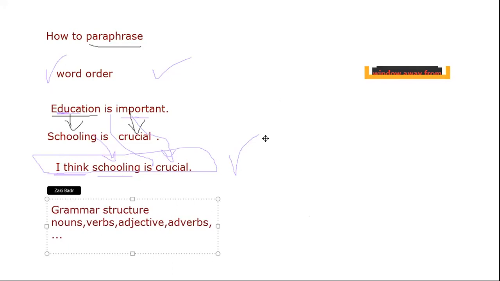Let's have another example of how we can change the grammar structure of a sentence. Okay, look at this simple example to clarify what we were talking about. Now we're talking about grammar structure. We have an important decision to make.